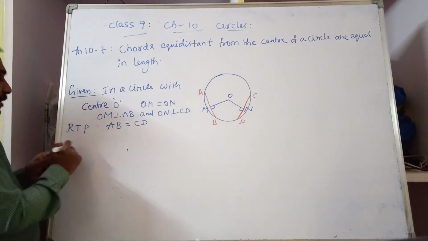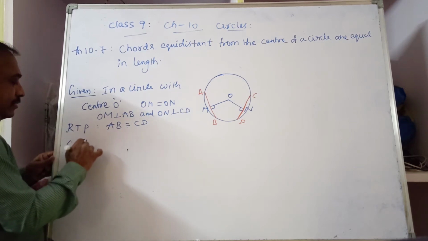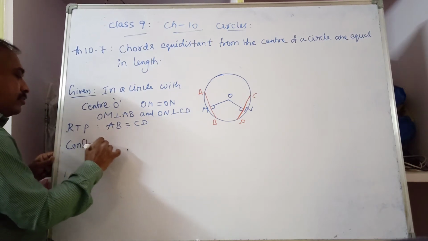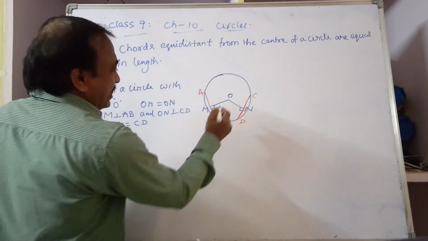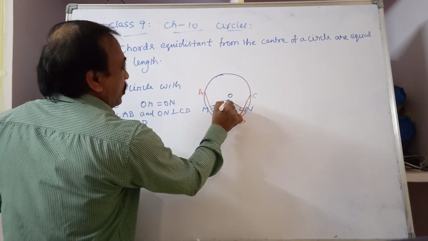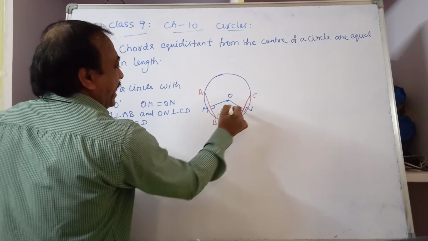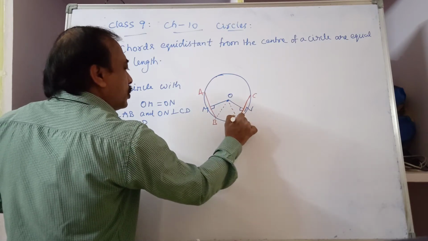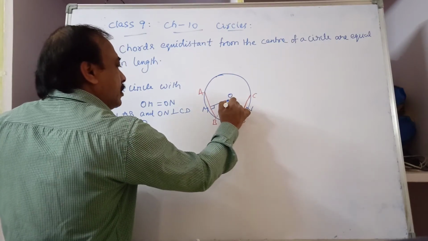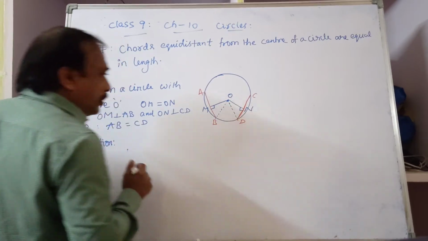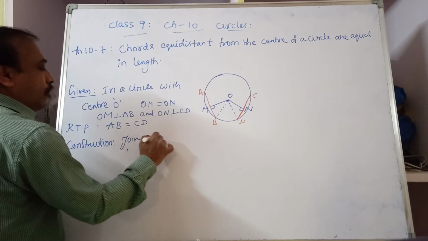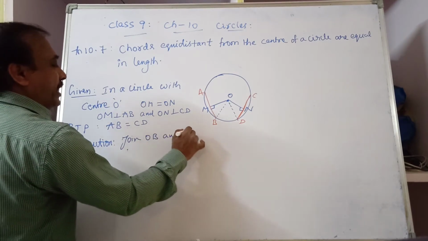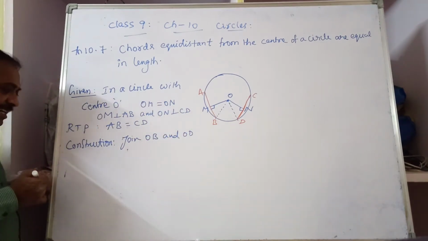Now, for the construction, join O to B and O to D. Observe it: OB and OD are joined.